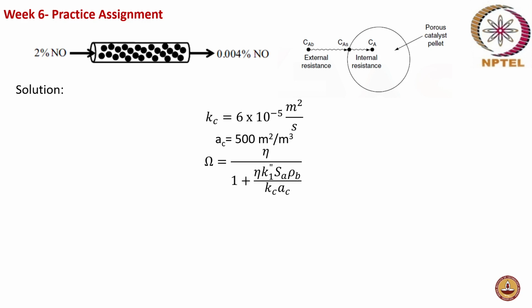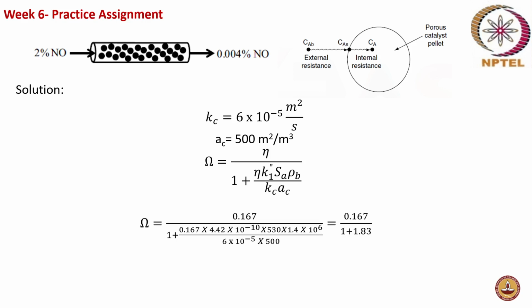Overall effectiveness factor omega is equal to internal effectiveness factor eta divided by 1 plus eta into K1 double prime into SA, which is the internal surface area within the pellet, into bulk density of the catalyst divided by Kc, which is your mass transfer coefficient, into AC, which is nothing but your external surface area per unit volume of the reactor. So we have all the values.